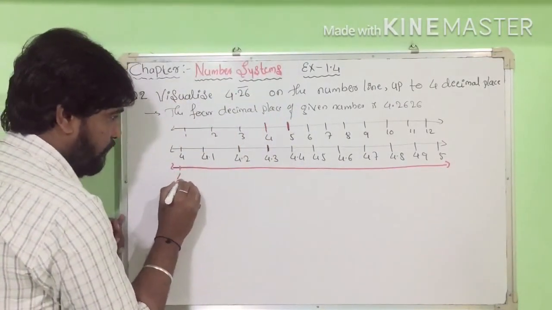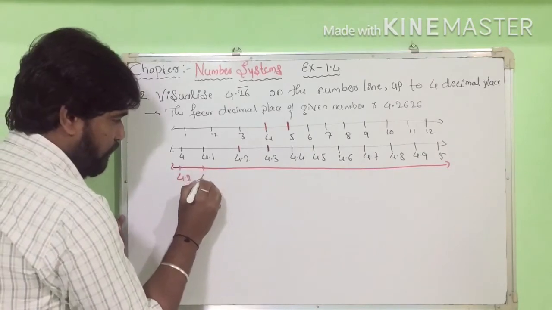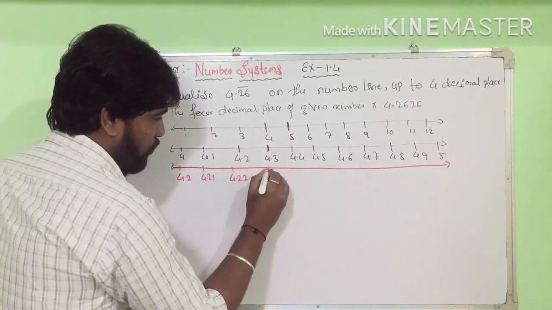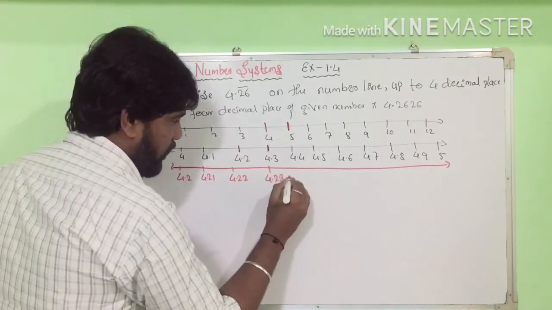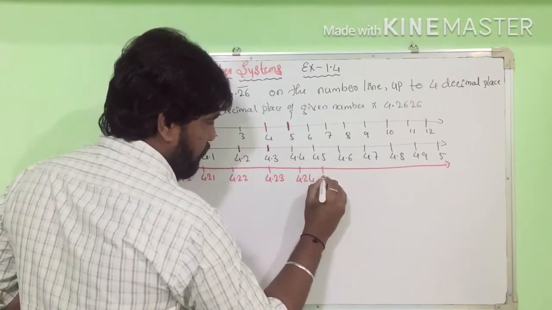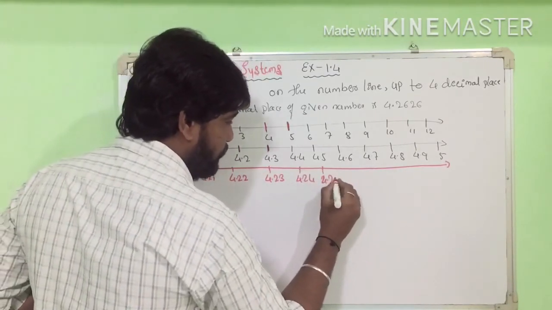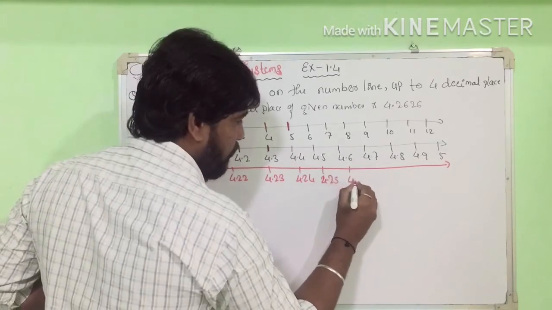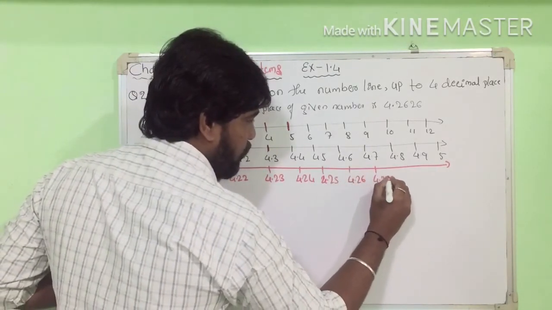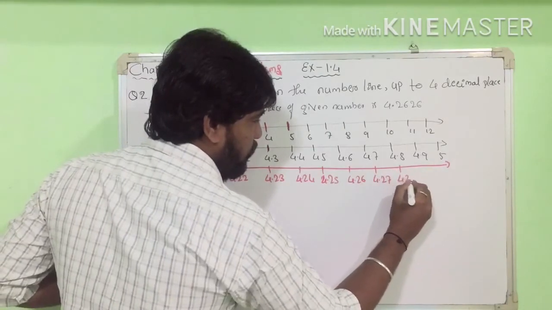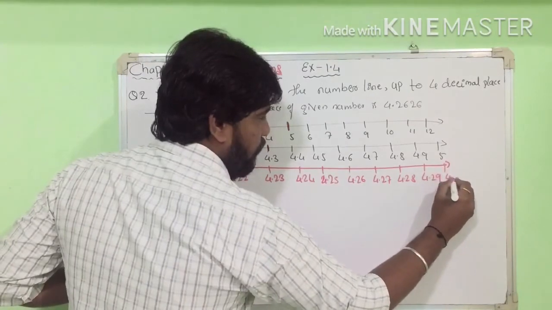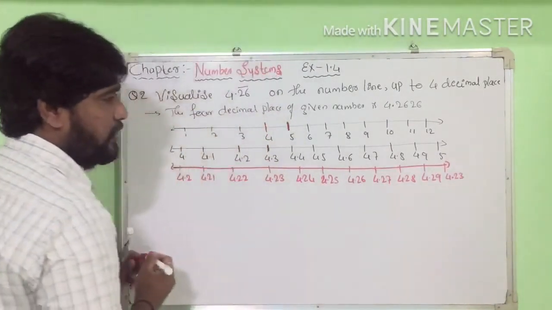So here 4.2, 4.21, 4.22, 4.23, 4.24, 4.25, 4.26, 4.27, 4.28, 4.29, 4.3, right?